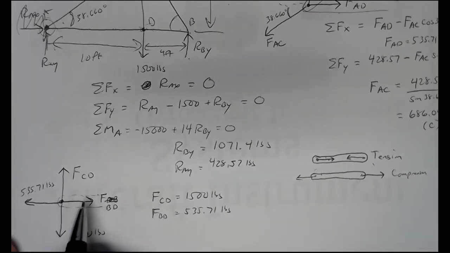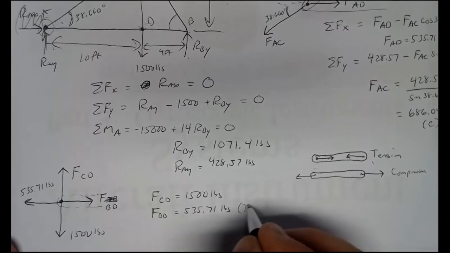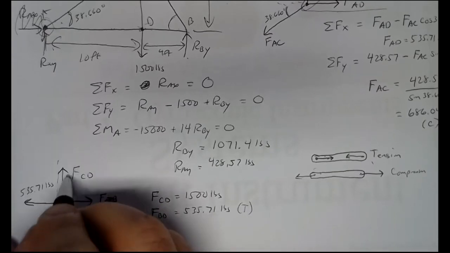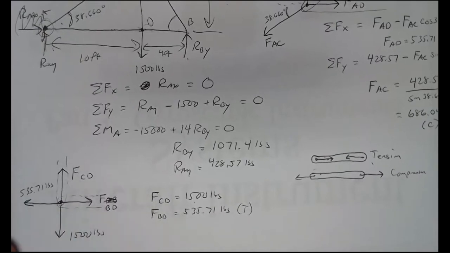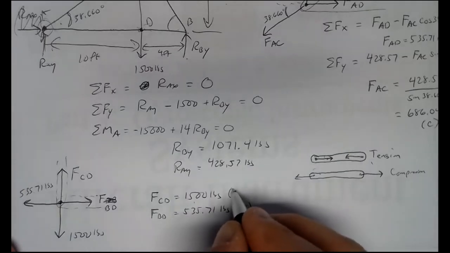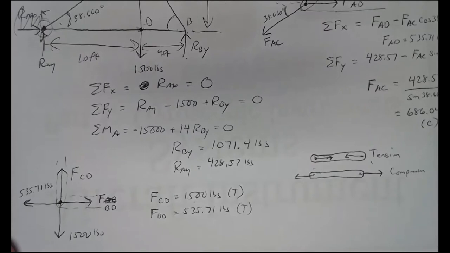Member BD is pulling joint D to the right. That looks like this, so it's tension. Member CD is up here. Also looks like tension. It's pulling joint D upward. So both member CD and member BD are in tension.